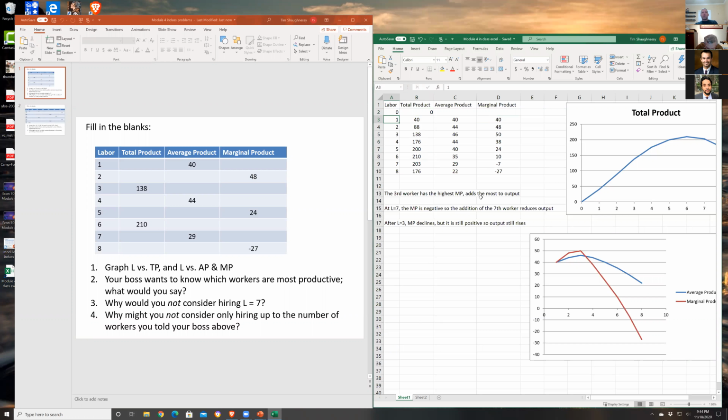And if I know that average product is 40, which means that total product is 40, then the output increased from 0 to 40 by adding that first worker. So I can put in a value for a marginal product for the first person.